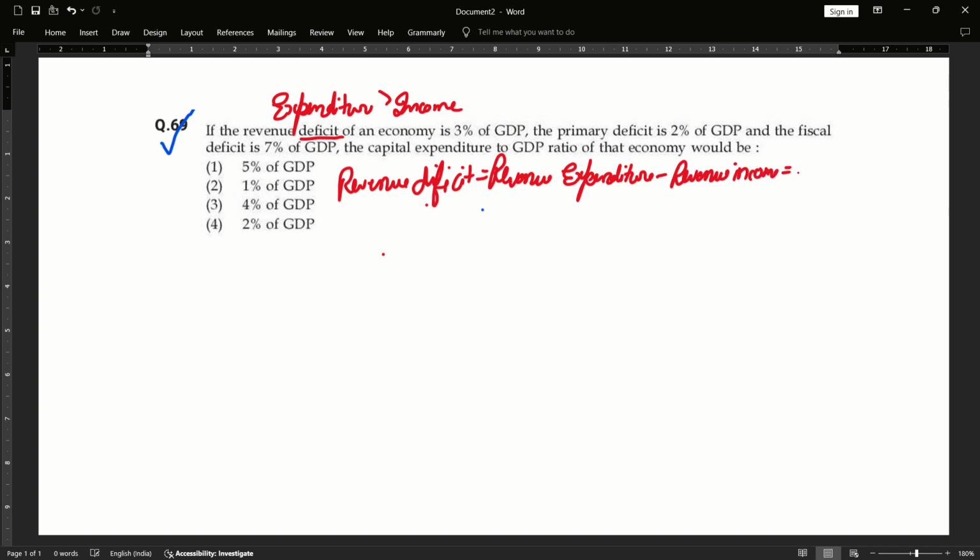which is 3% of GDP. Okay. Now primary deficit is 2% of GDP.